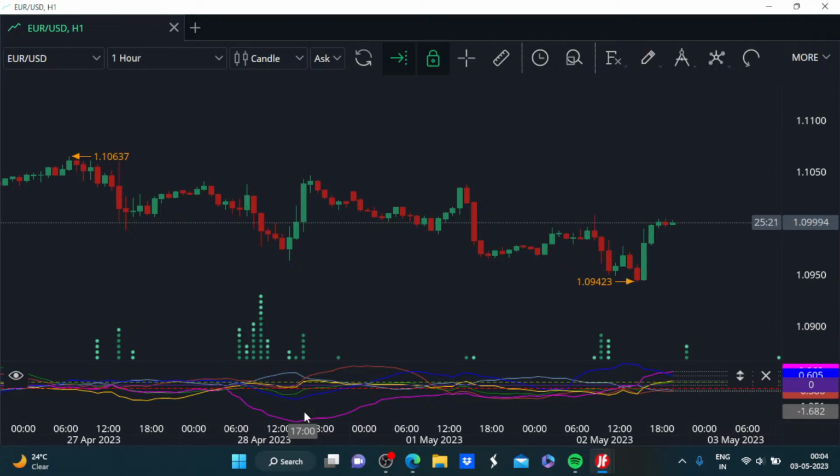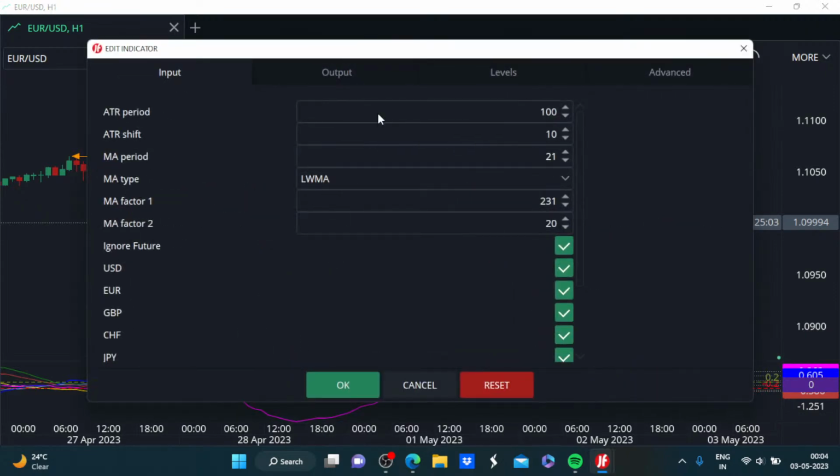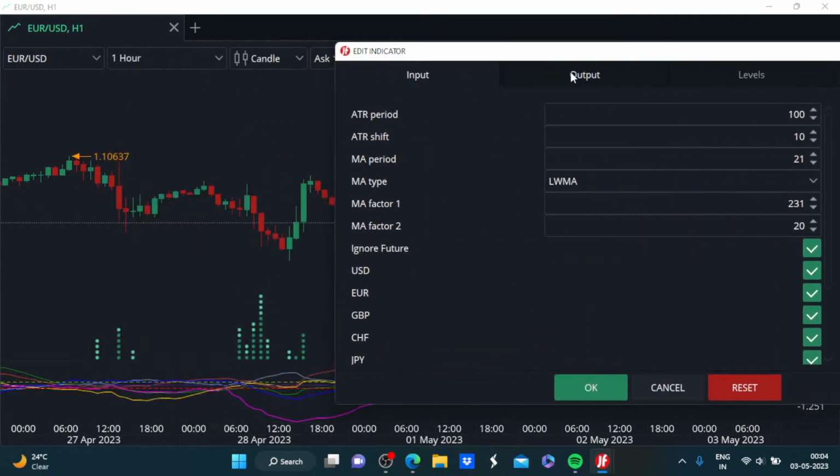So here, for example, if we look at this purple line, it is diverging greatly from all the other lines representing other currencies. So that means this particular currency, let me check which particular currency is being represented by this purple line.